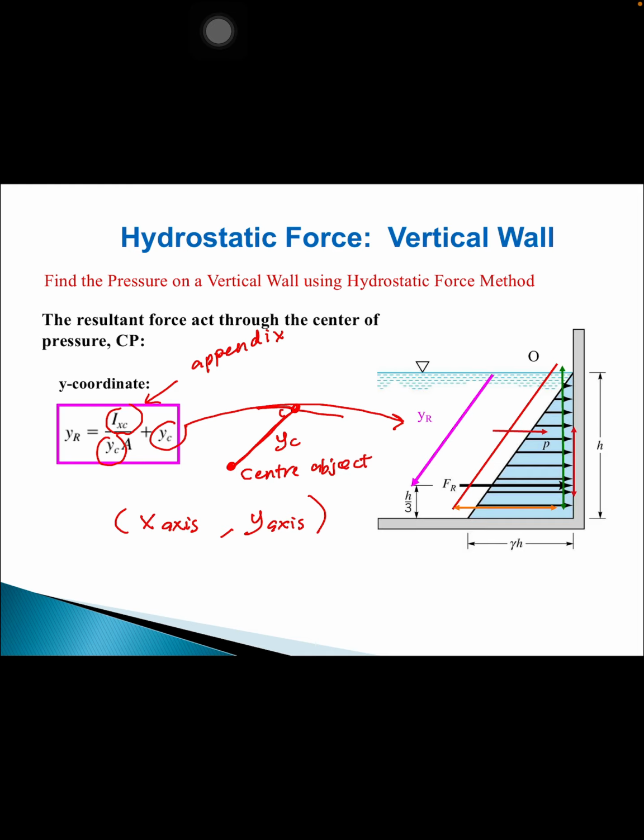That's your YC. And this area depends on the shape of your object, so you can calculate the area accordingly. So here you get YR, which is the Y axis.